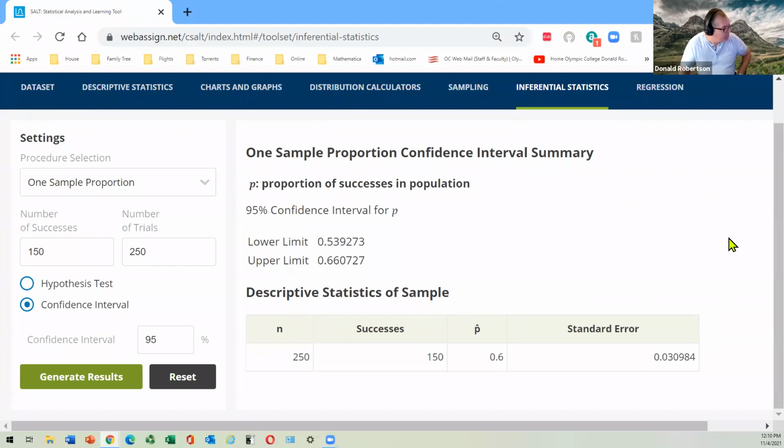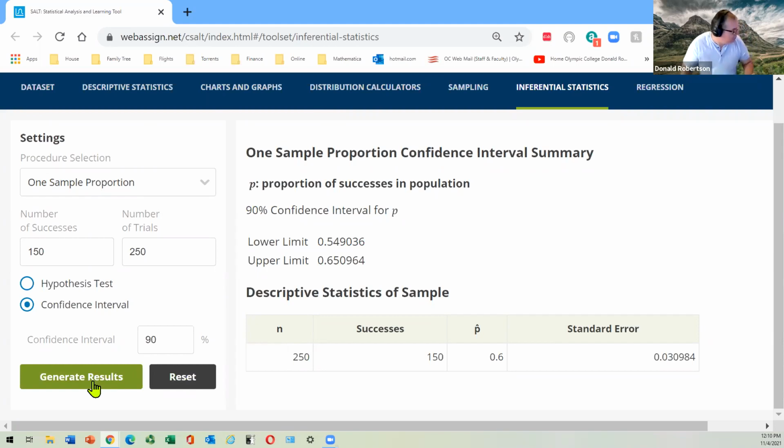Now, if I want to do a 90%, doesn't it really mean I only need to change that one number? I don't have to retype everything. I change that to 90, and I now say generate the results. And you see that it now became 0.55 and 0.65.